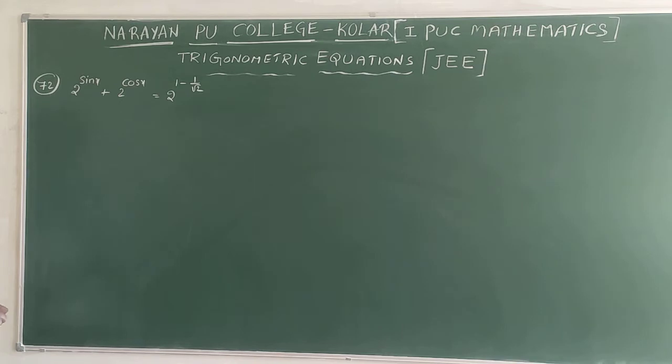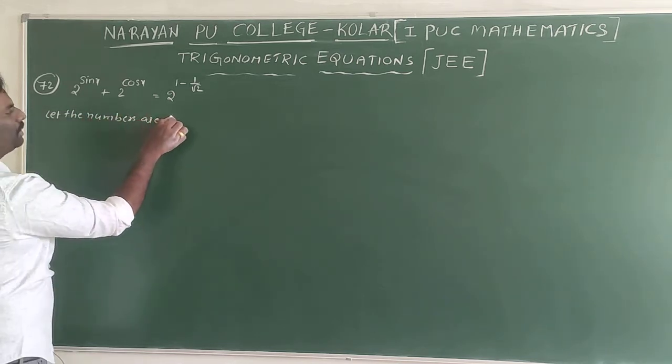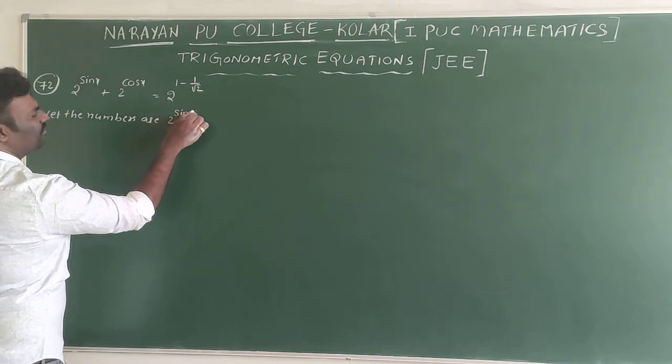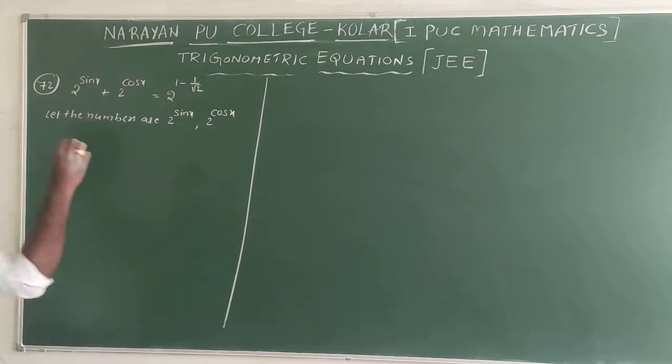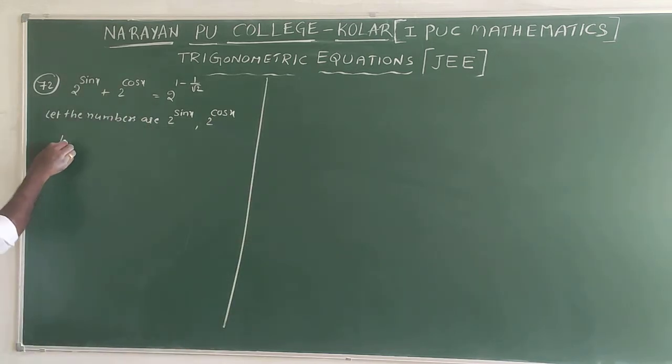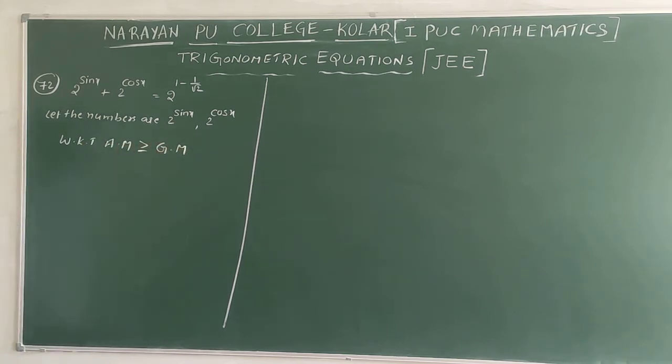See here, let the numbers be 2 power sin x and 2 power cos x, one is A, one is B. We know that the arithmetic mean is always greater than or equal to the geometric mean.